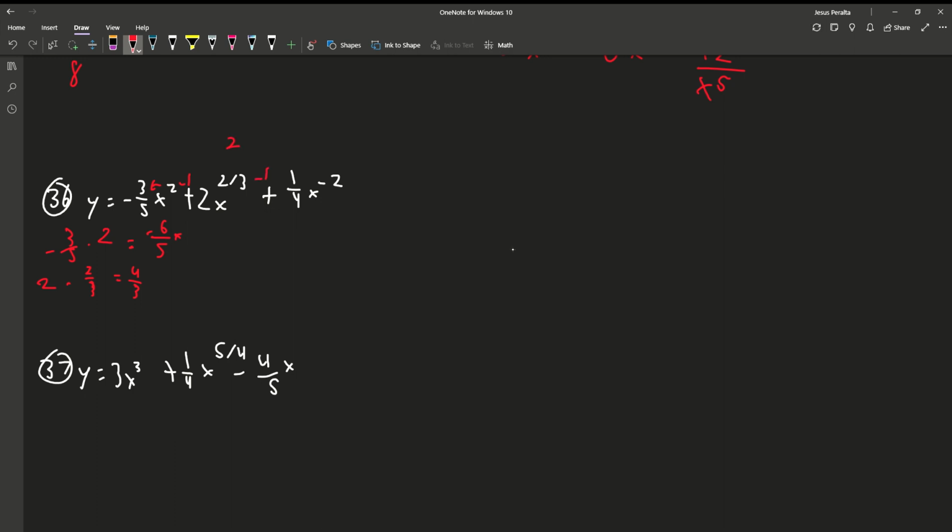Subtract 1. 2 over 3. 2 minus 3 is just negative 1. And then the denominator stays the same, so then it's just x to the power of negative 1 over 3. We'll move it to the bottom when we finish the equation. 1 over 4 times negative 2 is just negative a half.